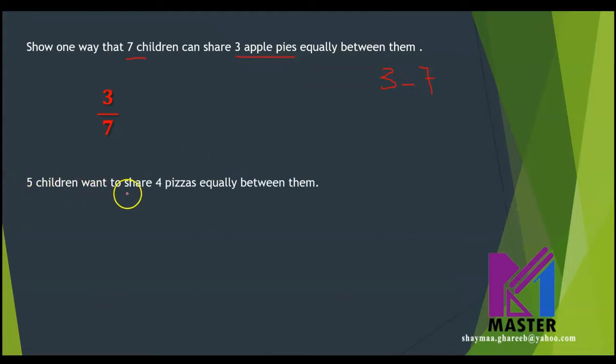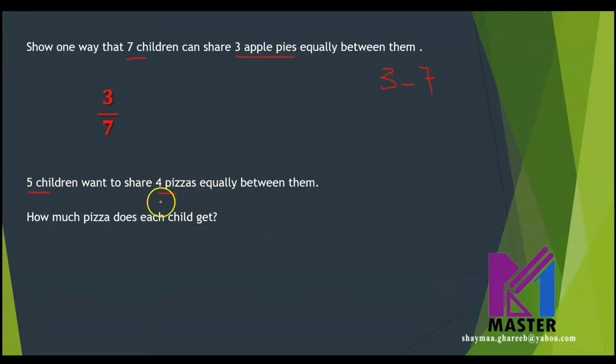Let's see one more example. 5 children want to share 4 pizzas equally between them. So we have 5 children and we have 4 pizzas. How much pizza does each child get? So please remember that we're sharing the pizza among the children. So the pizza will be shared.